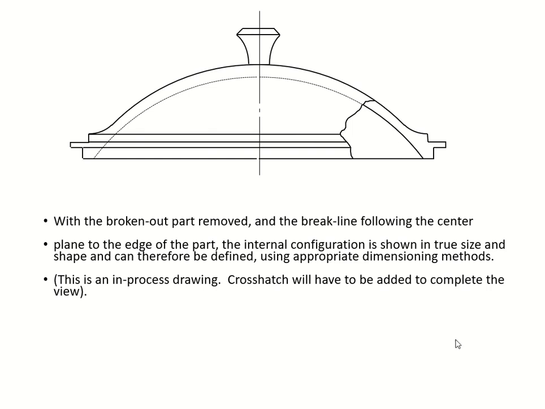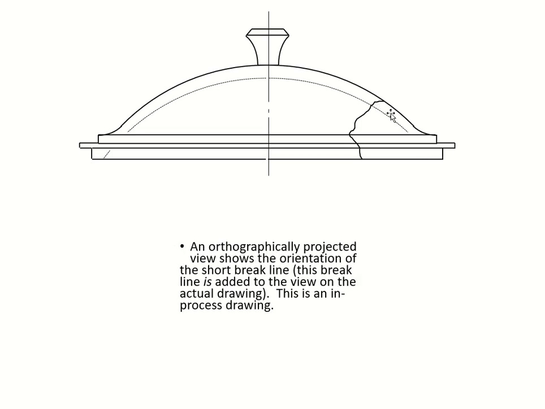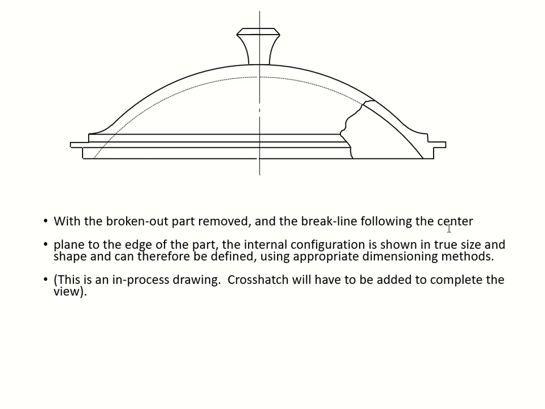Since you removed it, all of our hidden lines, okay, this is your hidden contour, it's not visible. See, visible. So now we can see the visible line, which is representing the hidden contour inside of the object, which has been exposed because of this broken out part or section.